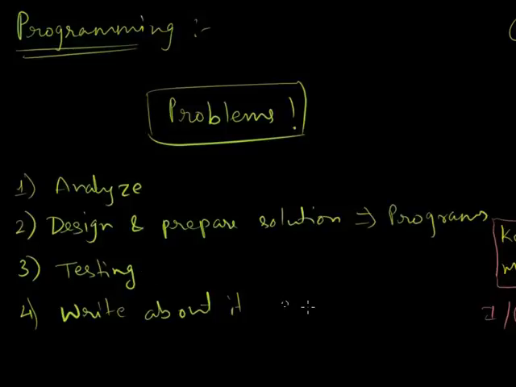You write how you wrote that program, what was your strategy, and how to use that program, all other stuff. So this comes under documentation. So programming is a four-step process: analyzing, designing and preparing the solution for problems, then testing it and writing about it.